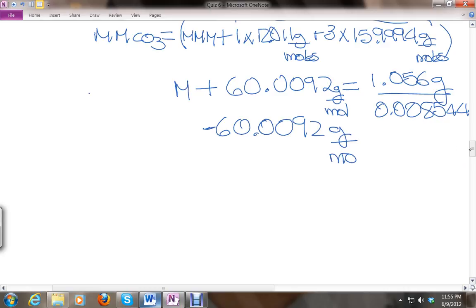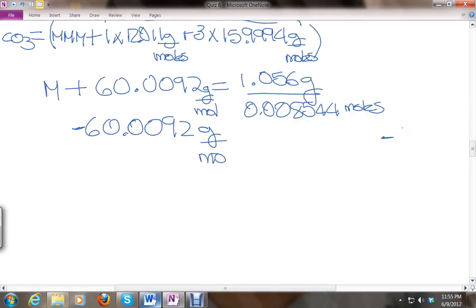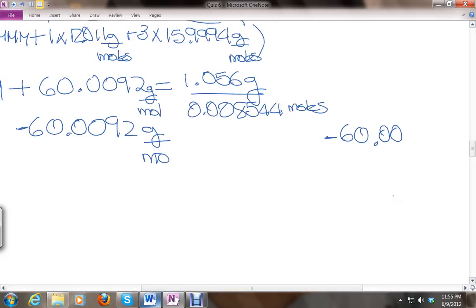And here we have to do this division. So this is going to give you 1.056 divided by 0.008544. That gives you 123.5956 grams per mole.